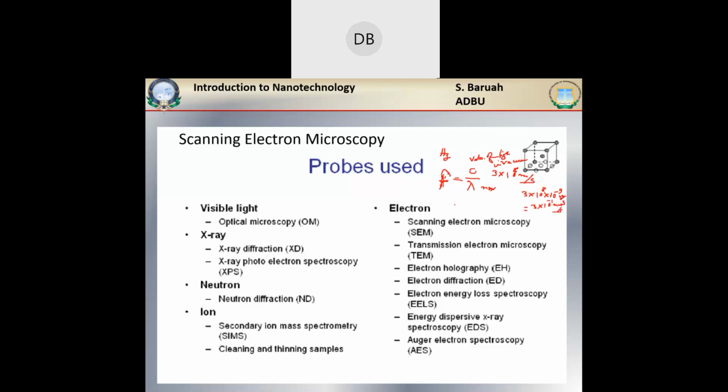If you plug this value in, forget about the value, but look at the unit. If I write c in nanometer per second, then nanometer cancels out. So what is the unit for frequency now? Whatever remains is 1 by s, seconds. So frequency is per second. Hertz means number of repetitions per second, that is, how many times you go through the same intensity point in 1 second.